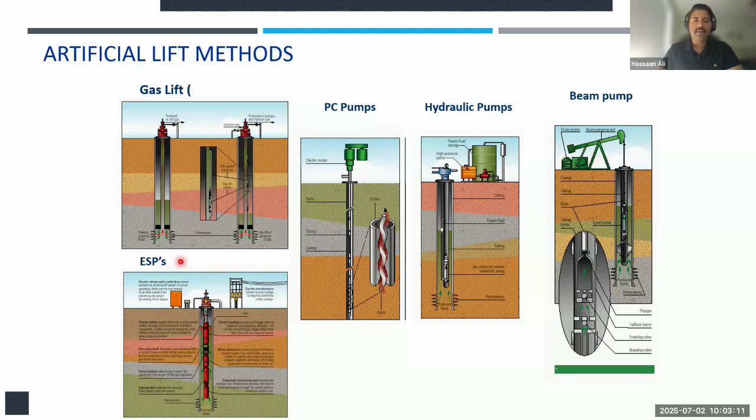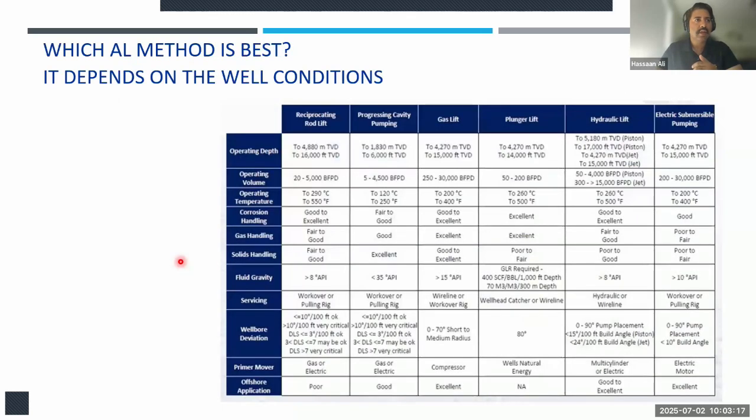Now, the natural question is, how do you select which method is appropriate for you? What you see on the screen is just a generic comparison between different artificial lift systems, but it will give you an idea of what system is good for what. For example, reciprocating rod lift, that means the pump jack that you saw in the earlier pictures, is really good for gas.